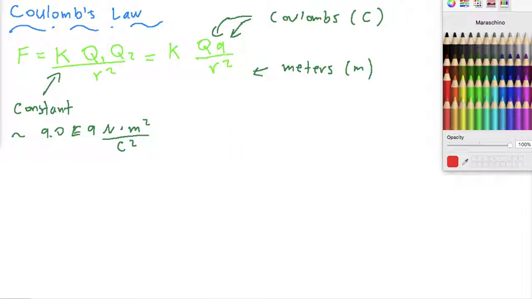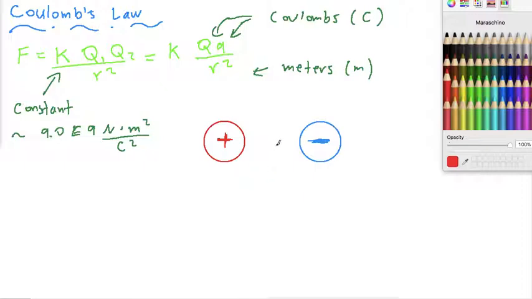We have our first particle, and then our second particle, and I'm going to use different colors to denote different things. I'm going to try to make them the same size. This is going to be our negative charge, and this is going to be our positive charge.